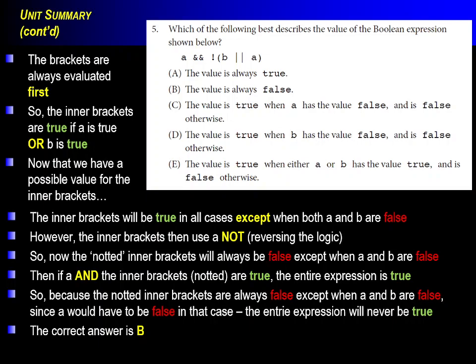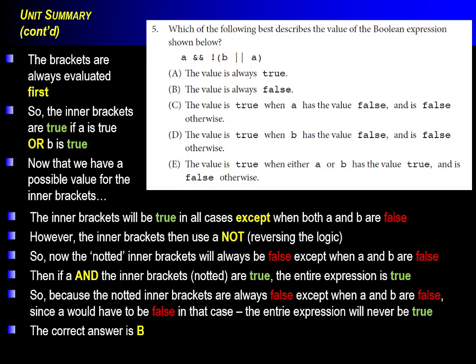Well, we know brackets are always evaluated first, so B or A is always done. The inner brackets are true, right? Because with B or A, either one of those things can be true. So B is true or A is true, and everything in the bracket will be true.